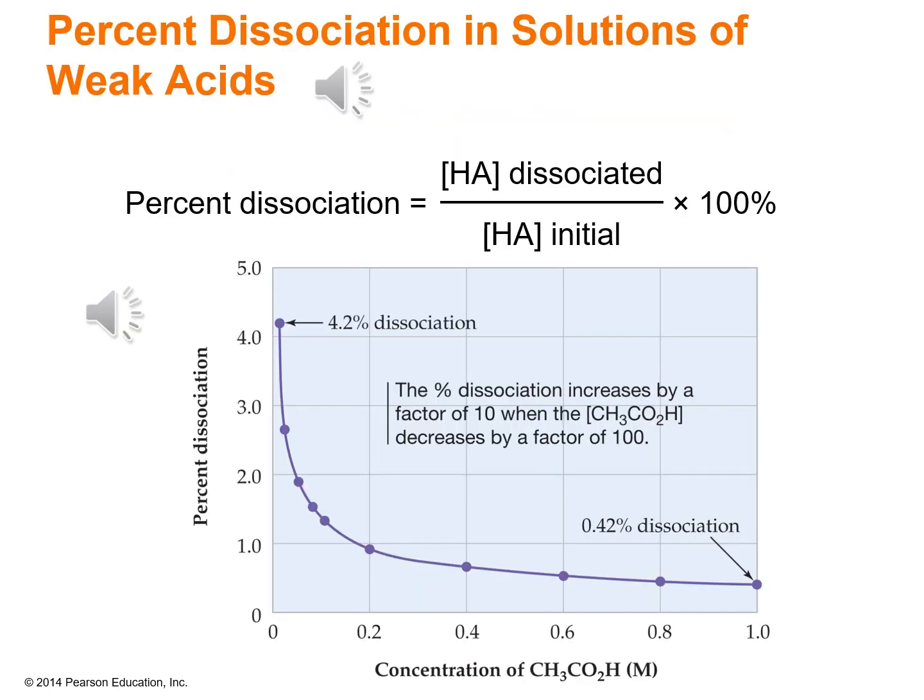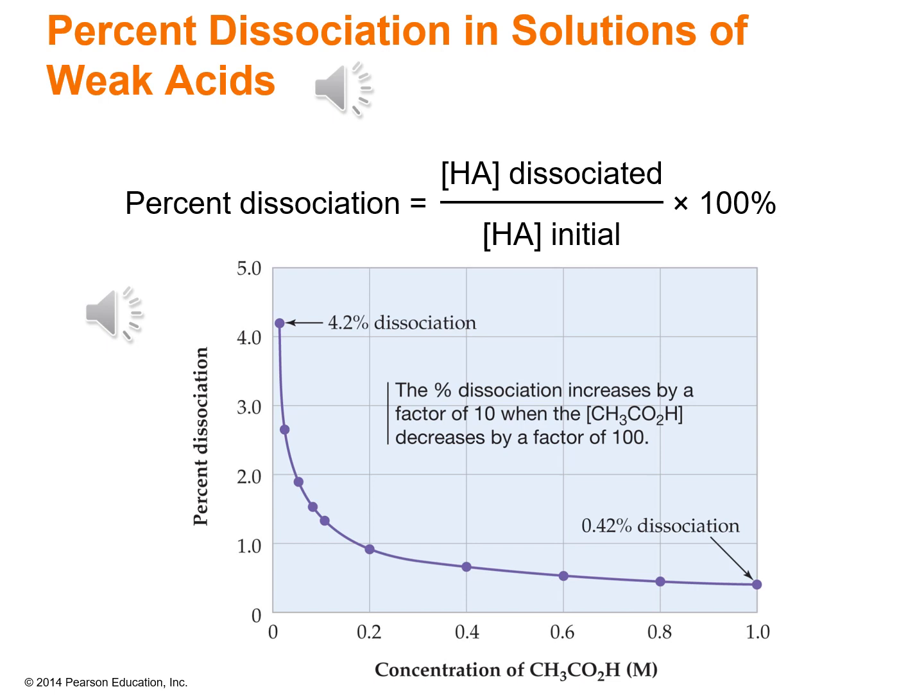A common question is, how do you know if you can cancel out the x in the denominator or not? One way of knowing is that x can be neglected if the value of the initial concentration doesn't change when x is subtracted from it.